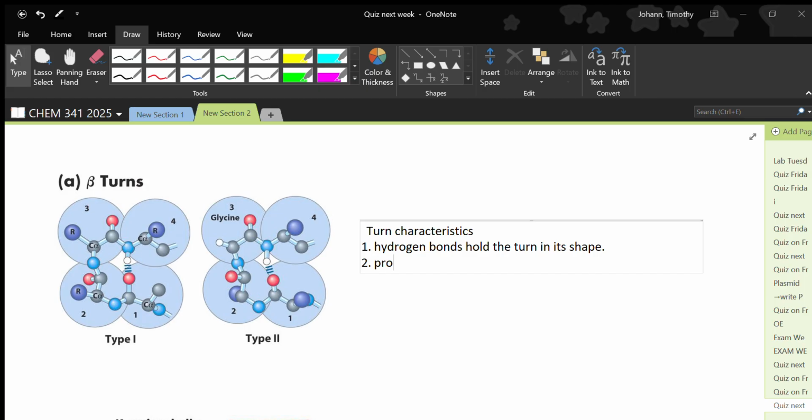So proline is more common, more common than normally, because it forces a turn. So let's say its side chain connection to the backbone forces a turn.